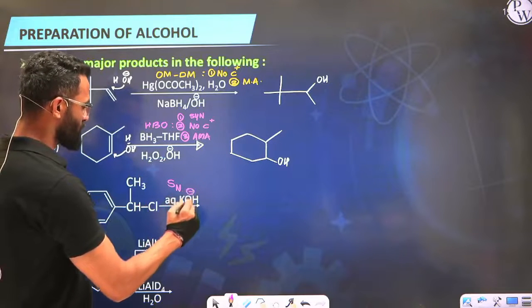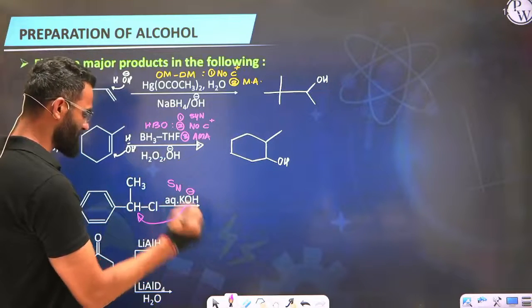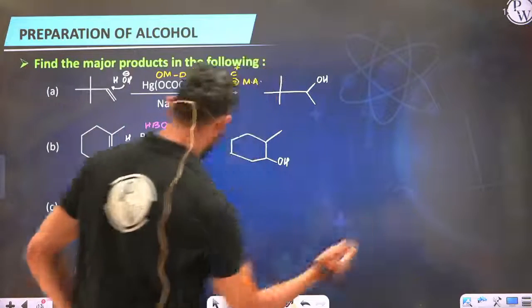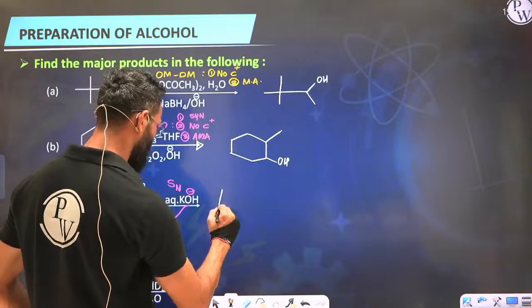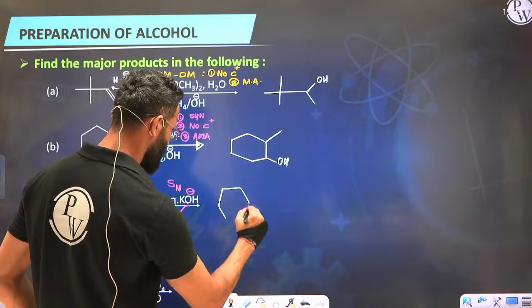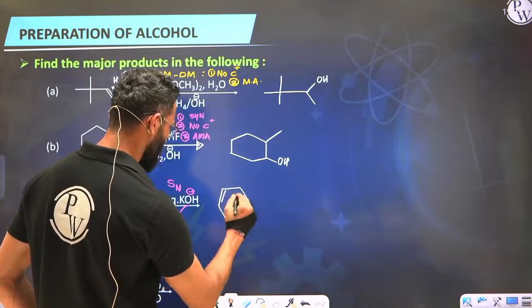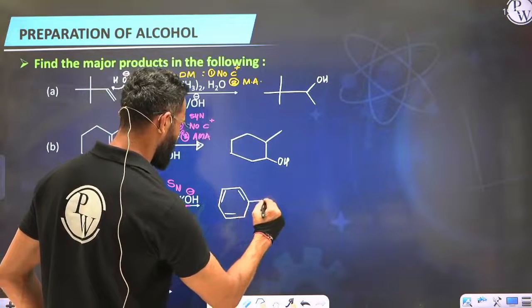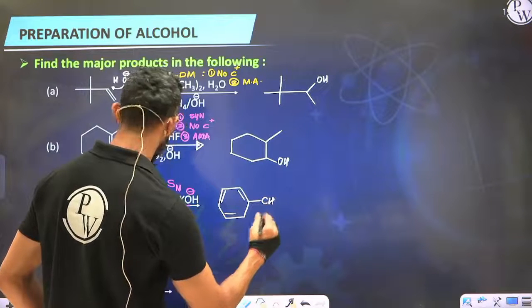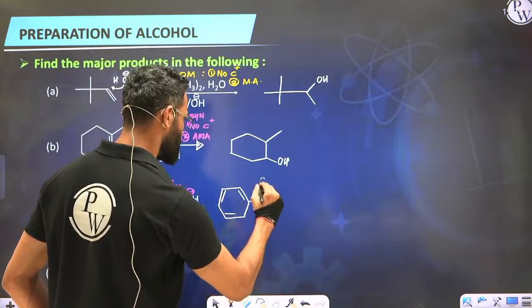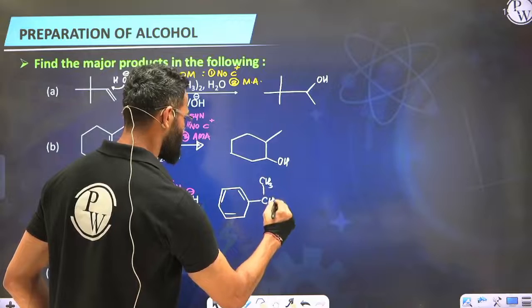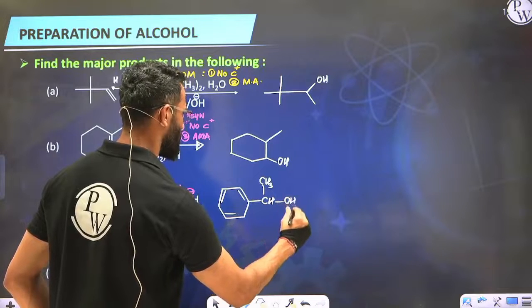OH minus will substitute this halogen atom, resulting in the formation of product, which can be represented like this. CH, CH3 and OH.